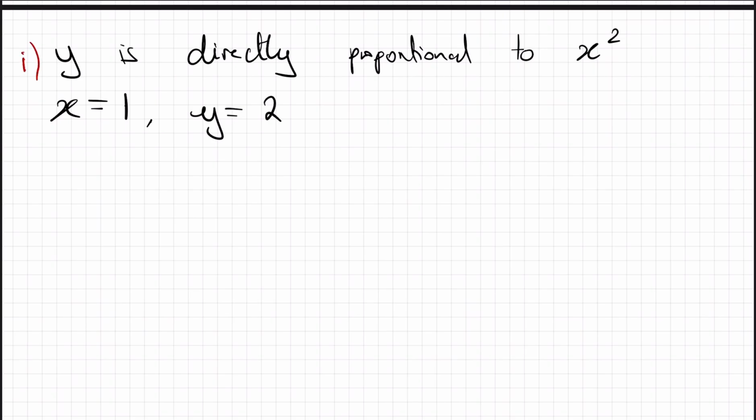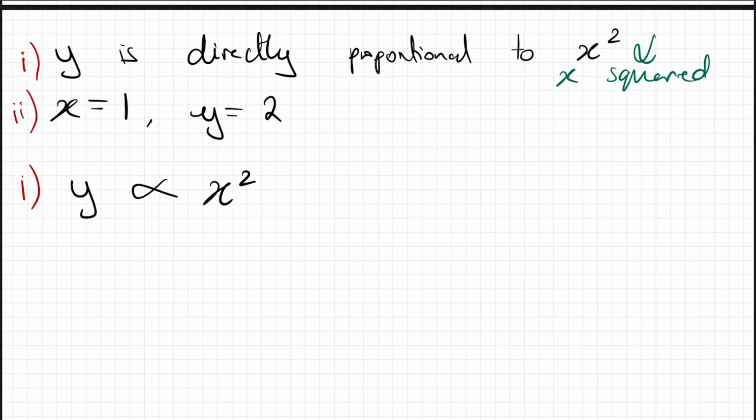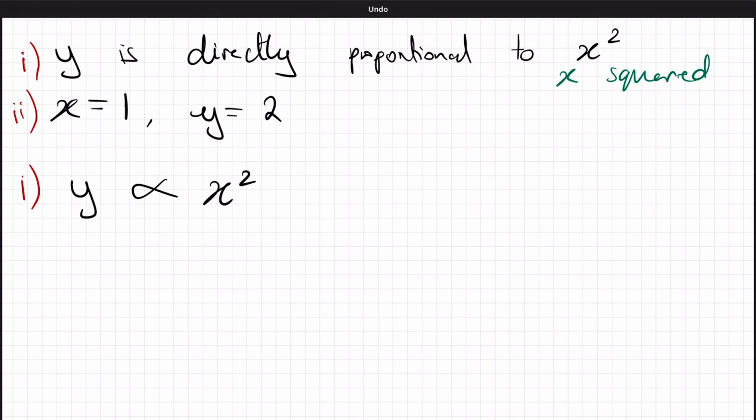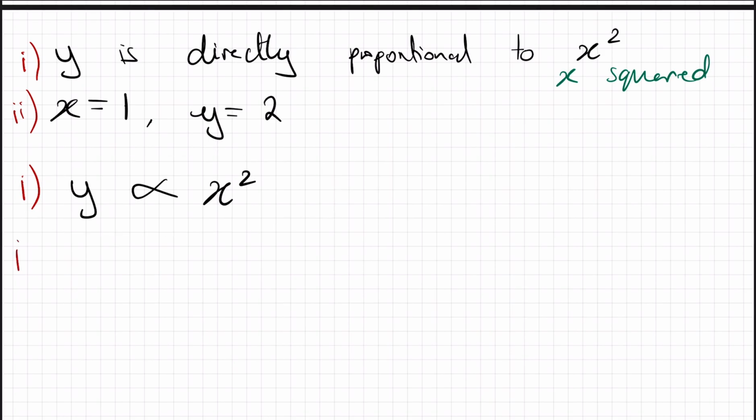The first part is pretty simple. You just have to put this into an equation. It says y is directly proportional to x squared, so we simply write it in. Sometimes they might write x squared in words, but this obviously means the same thing. Once you have this first step, we can move on to the second step, which is to find k.